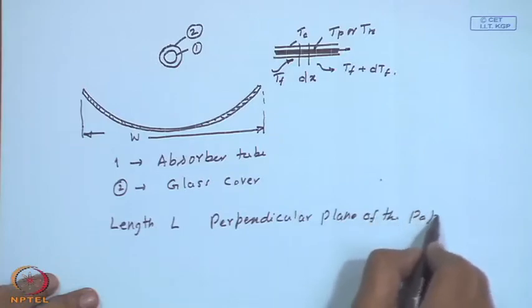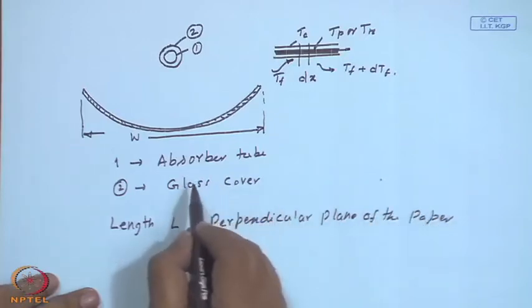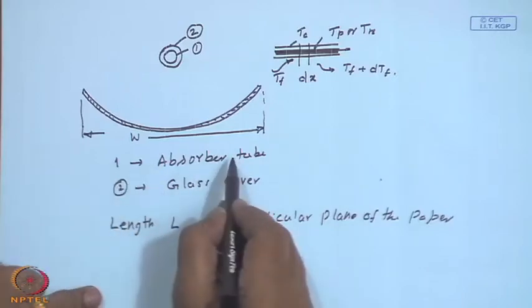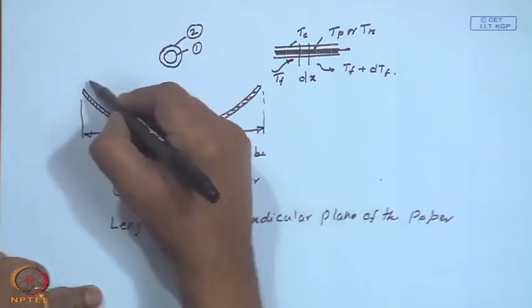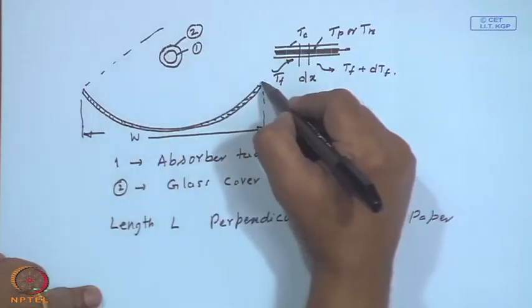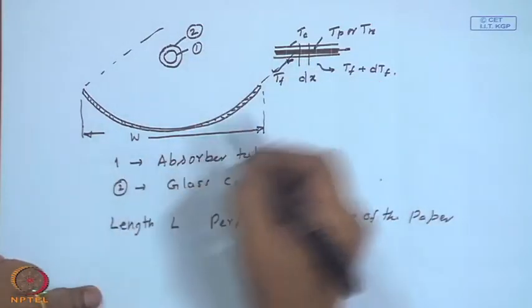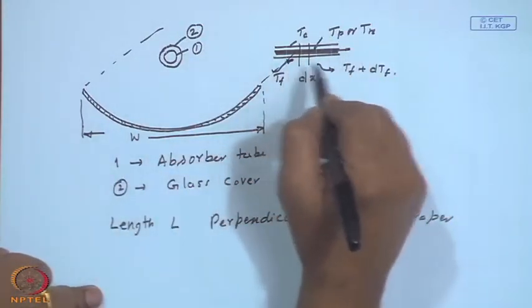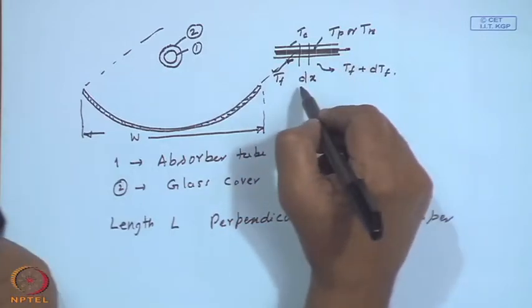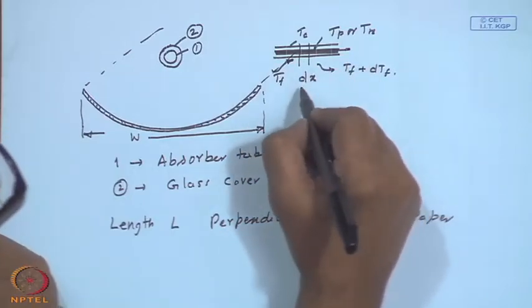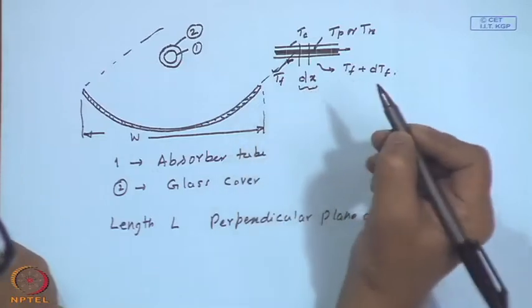Okay. So, now we have a reflector of width W, length perpendicular to the plane of the paper L, through which a fluid is flowing across an elemental length of dx.